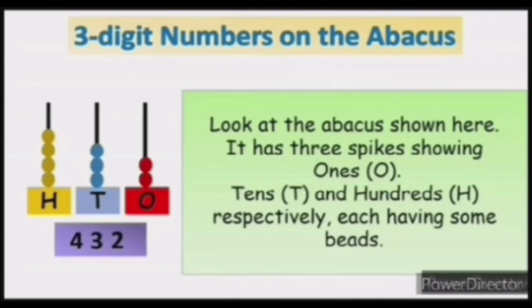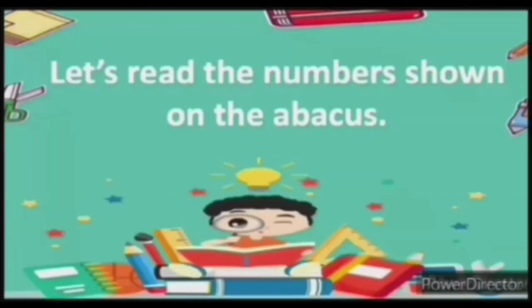Here are 1, 2, 3, 4. So, 4 beads in hundreds place. We will write 4 in the hundreds column. So, the number has 4 hundreds, 3 tens, 2 ones. Thus, the number is 432.